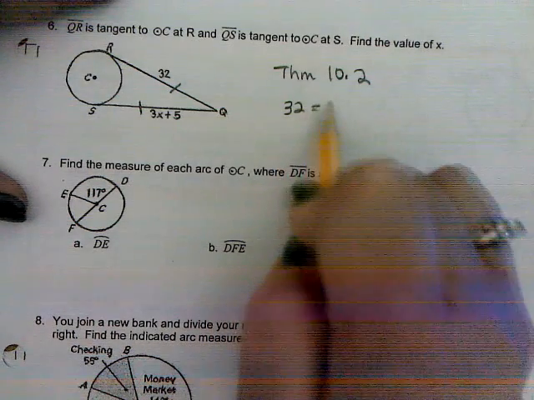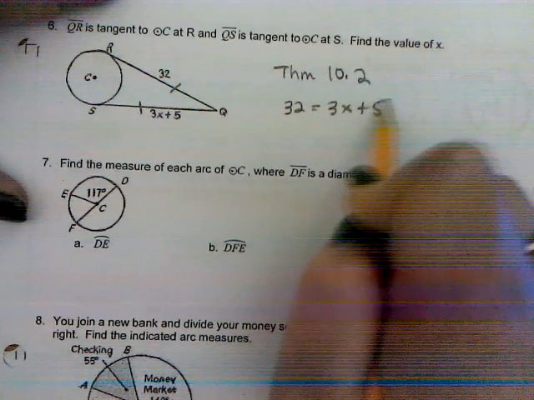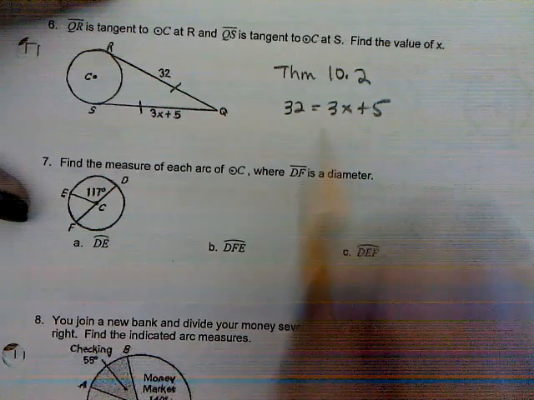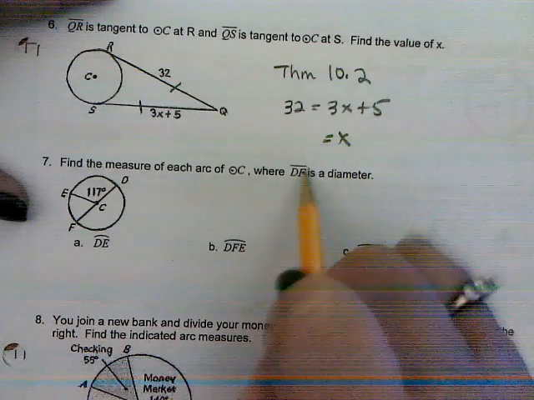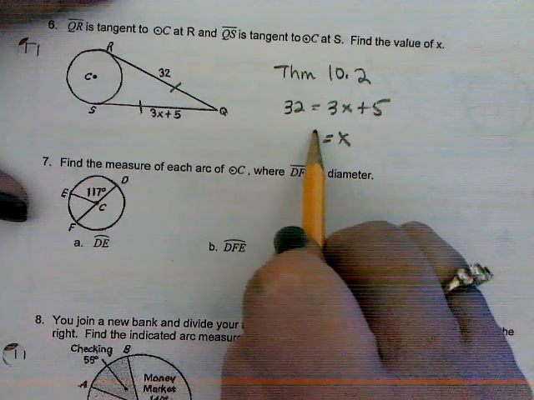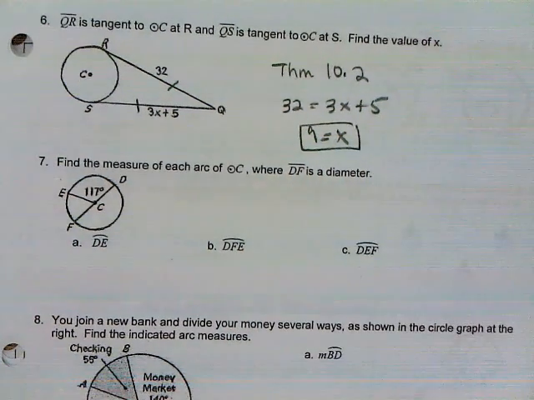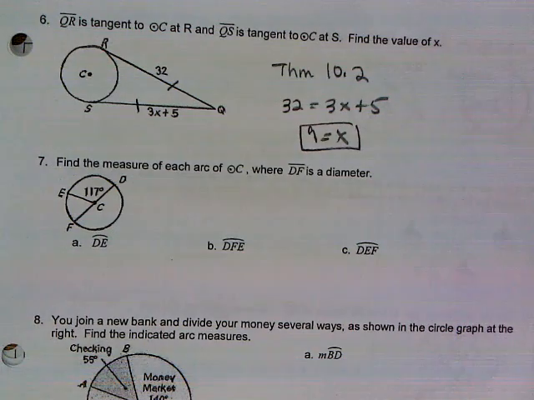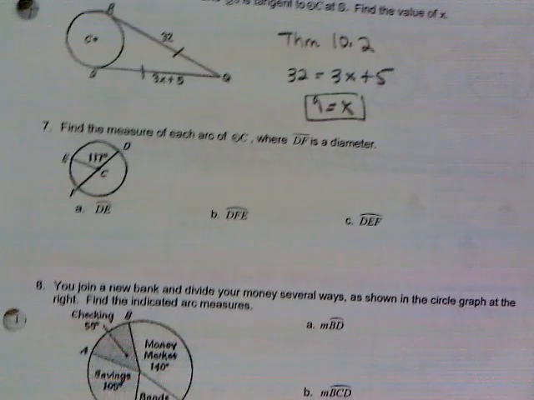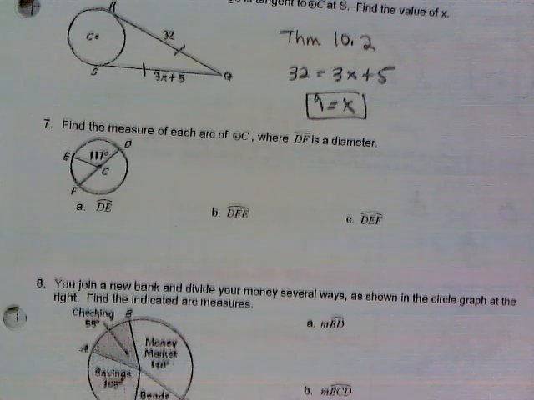So 32 equals 3x plus 5. Now I just solve for x. So x equals 9. Sad looking 9, but 9. It's just knowing the two pieces are congruent.